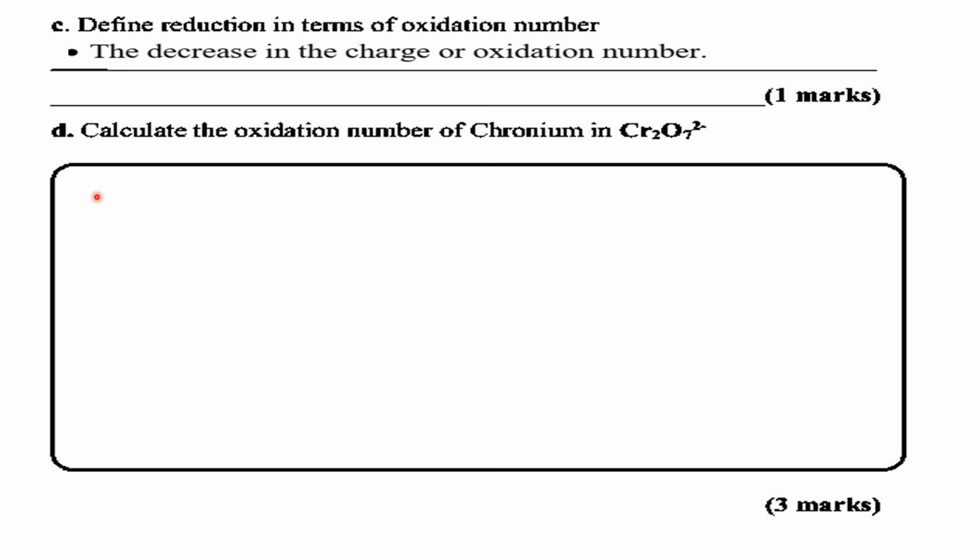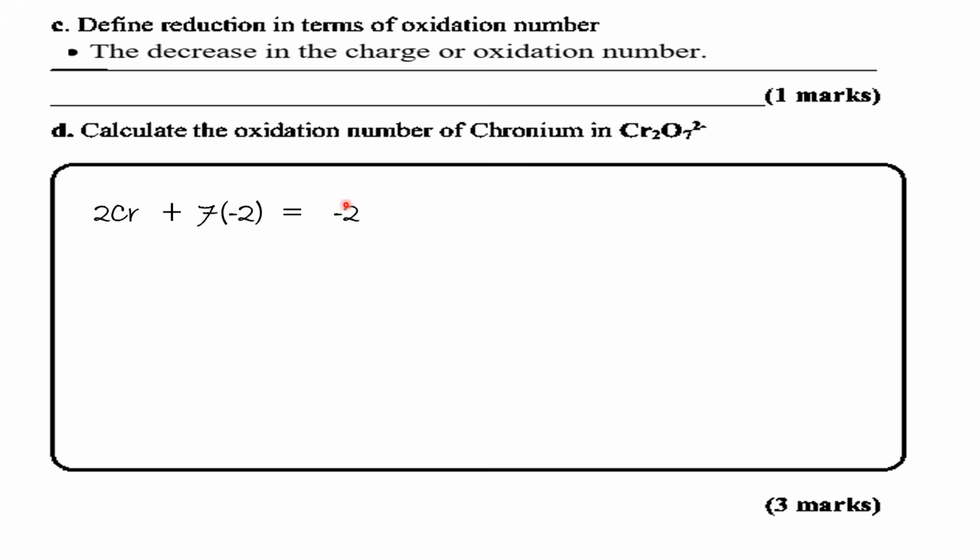In this case, we have 2 chromium atoms, so we multiply the oxidation number of chromium by 2, plus 7 multiplied by the oxidation state of oxygen, which is minus 2.